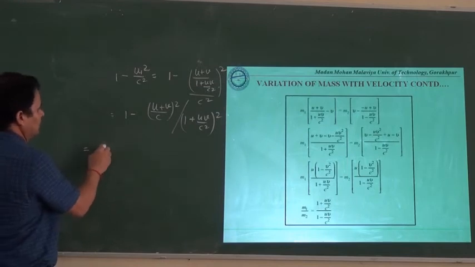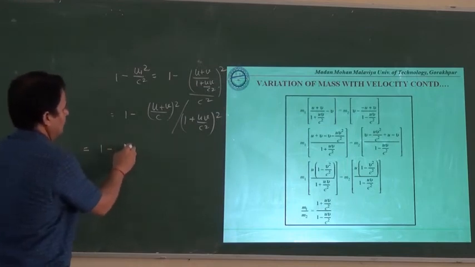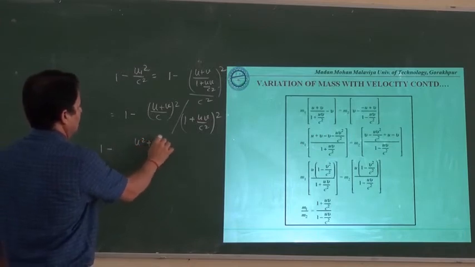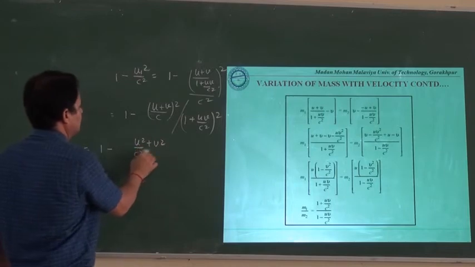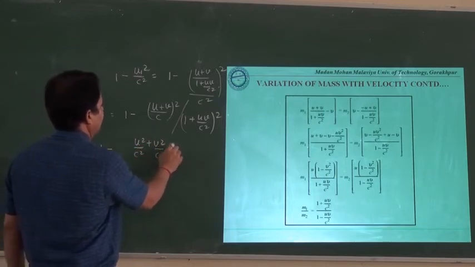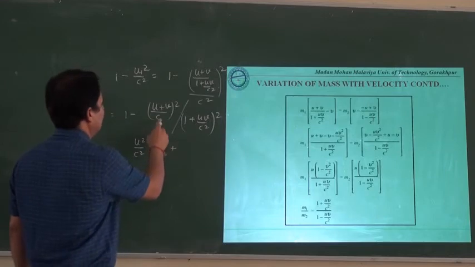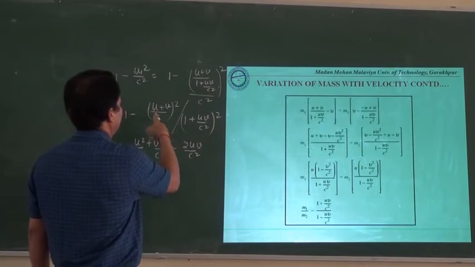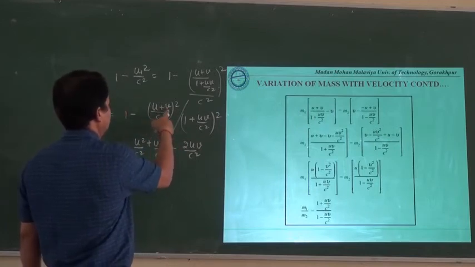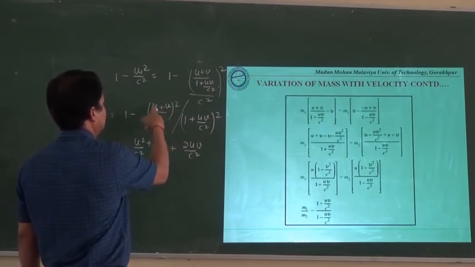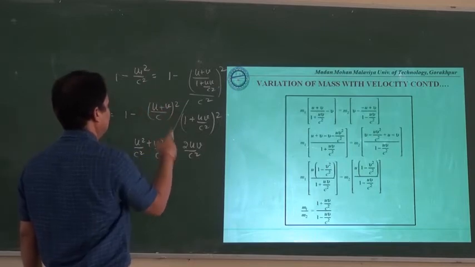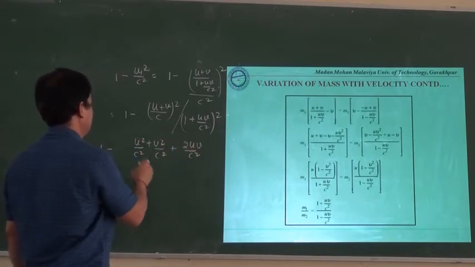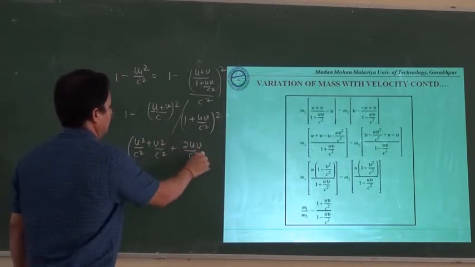And if we expand it, then 1 minus, here we will write u square plus v square, here c square, here c square, and here we will write 2uv upon c square, because the c square will be in all the terms, and this is (a plus b) whole square, that's why a square plus b square plus 2ab. It will be divided in all the terms, and this will be with a negative sign.